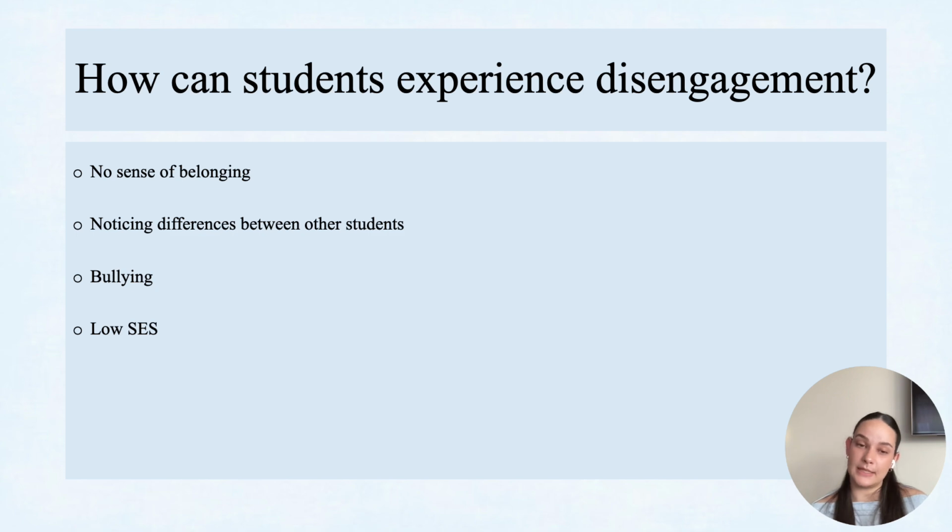So how can students experience disengagement? They can feel a sense of not belonging within the school setting or even friend group. Noticing the differences between other students. So if another child was to point out the color of their skin, this might make them feel a bit weird and draw attention to their uniqueness.